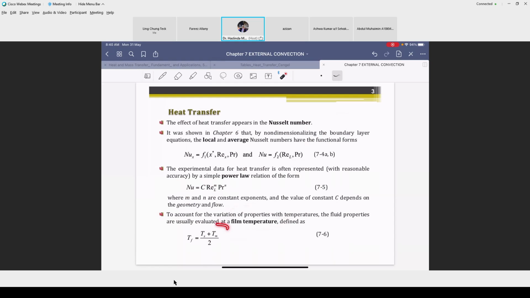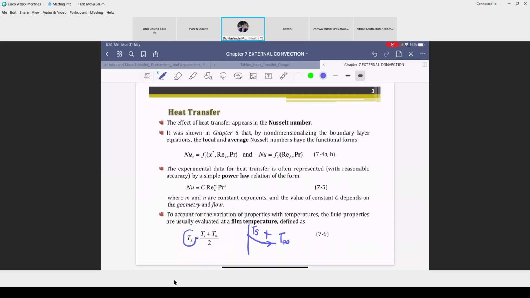So what is film temperature? Let me draw. This is your surface, and this is the temperature of the surface, Ts, and adjacent to it is the liquid or fluid temperature. Let's say the surface temperature is higher, so maybe this is how the temperature distribution profile looks. So the film temperature is the average of the surface and fluid temperatures.